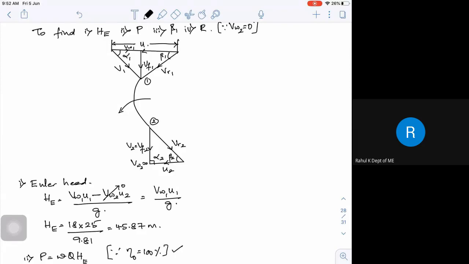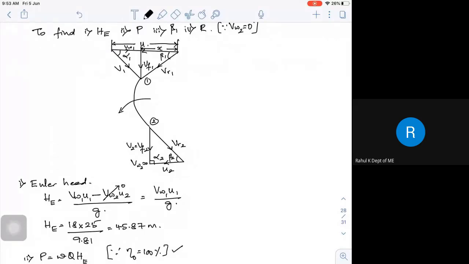Once I get it, what is my tan beta 1? Tan beta 1 is equal to Vf1 divided by this component, that is this distance, which is u minus Vw1. From that, I take tan inverse of that component and I'll be getting my beta 1.